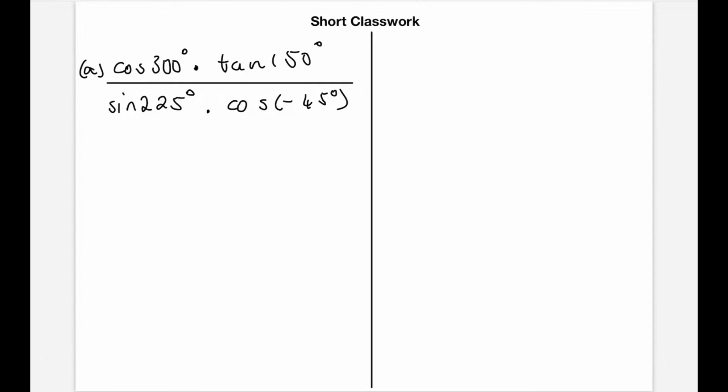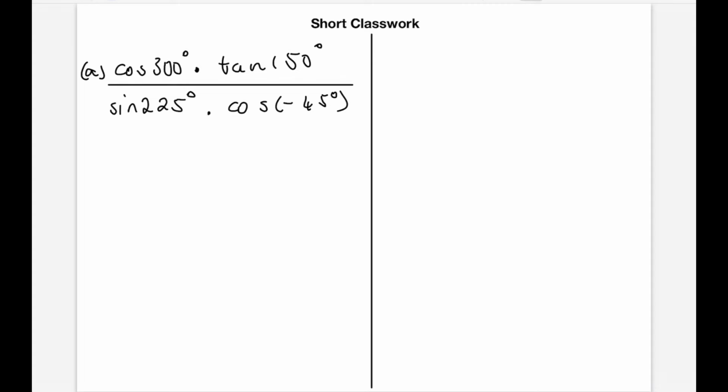Let's do a short classwork. Grade 11s and matriculants, why don't you pause the video and try to simplify this on your own and see what you get. So the cos of 300, I'm going to rewrite as the cos of 360 degrees minus 60 degrees. The tan of 150, I'll write as the tangent of 180 degrees minus 30 degrees.